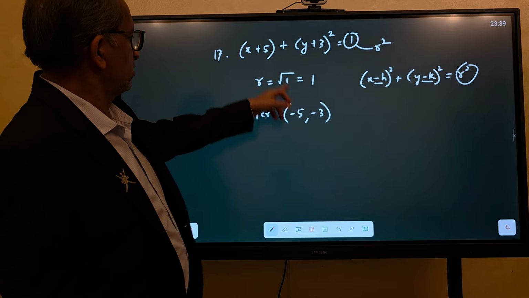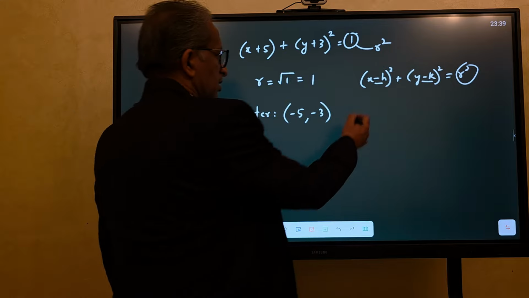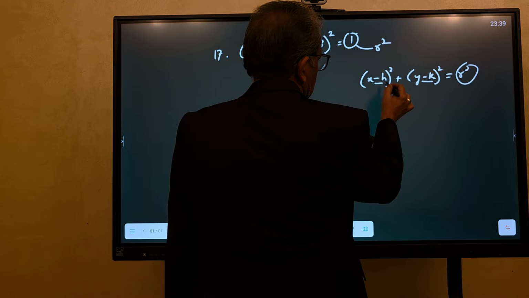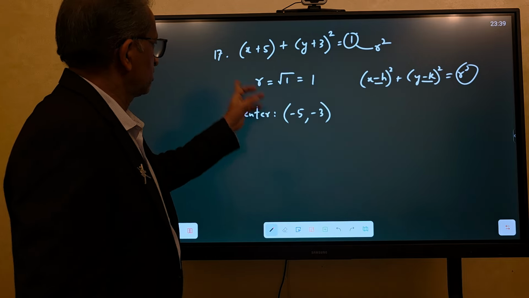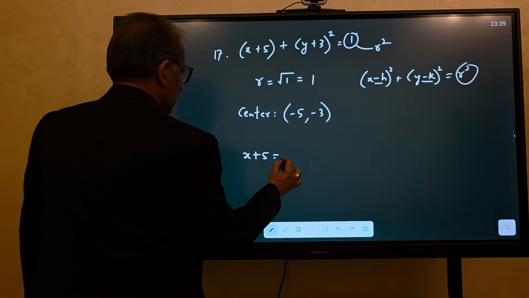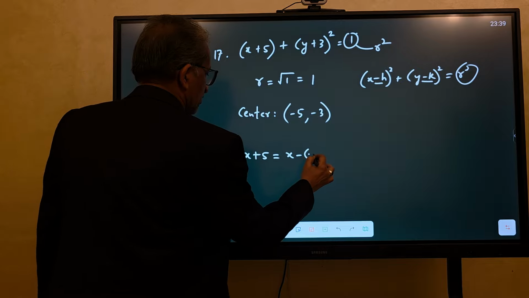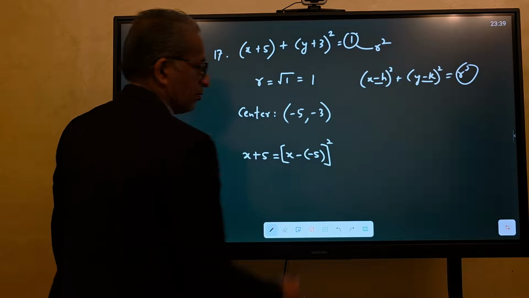So here the center is hk, but the sign is minus. If it is plus, then I can write x plus 5 as x minus of minus 5. You see? Am I right?